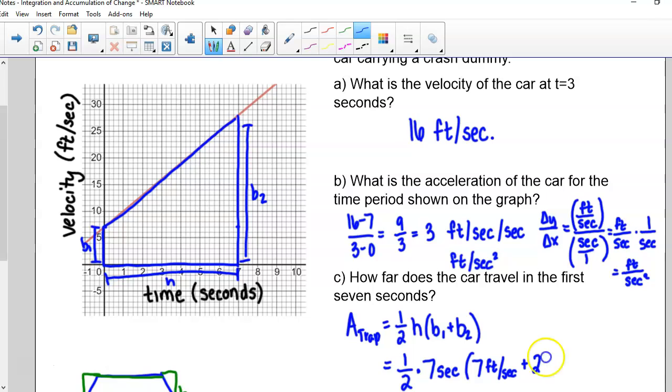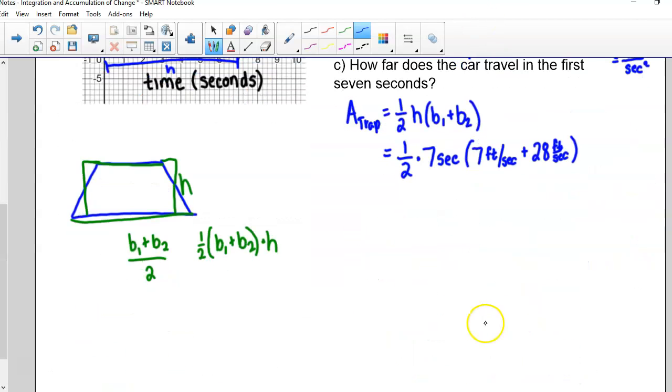So 28 feet per second gives us the area of our trapezoid. So I've got 1/2. Actually, I can go ahead and multiply the 1/2 and the 7 together. Let's do that. 3.5 seconds times, if I add 7 and 28, I'm going to get 35 feet per second.